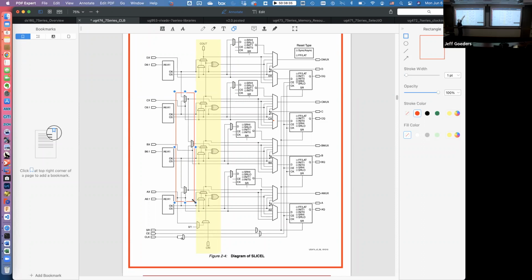And so you can take 2 of the 6-input LUTs, and using that mux, you can turn it into a 7-input LUT. Okay? You can do that with this, or you can take all 4 of them, and using all 3 muxes, you can turn it into an 8-input LUT for certain functions. So they've added these as well. So that's everything in the picture, I think.